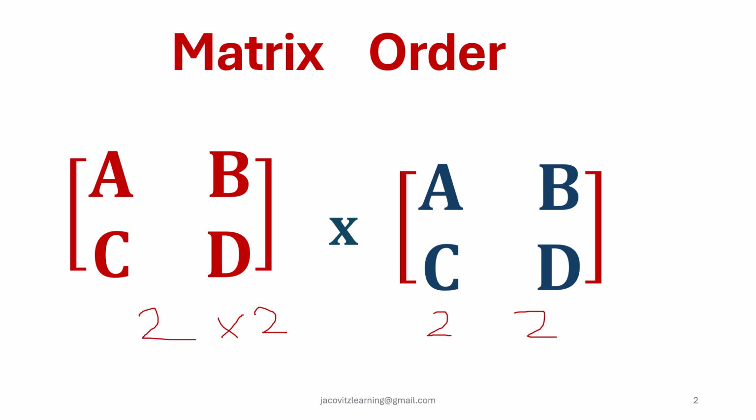It's not a 2 by 4 unless you go like this: A, B, C, D, and then E, F, G, H. So this is really a 4 by 2. 4 here in this row, and 4 here in this row.